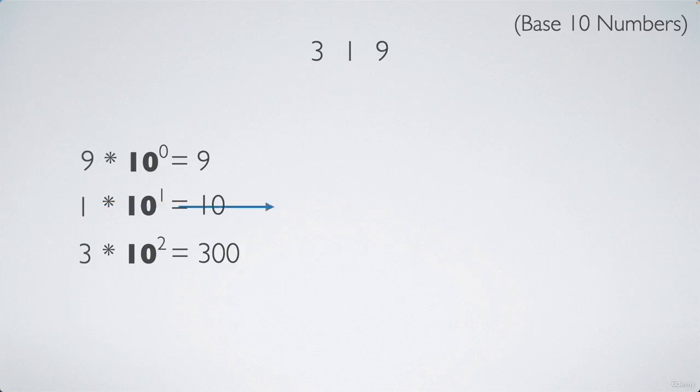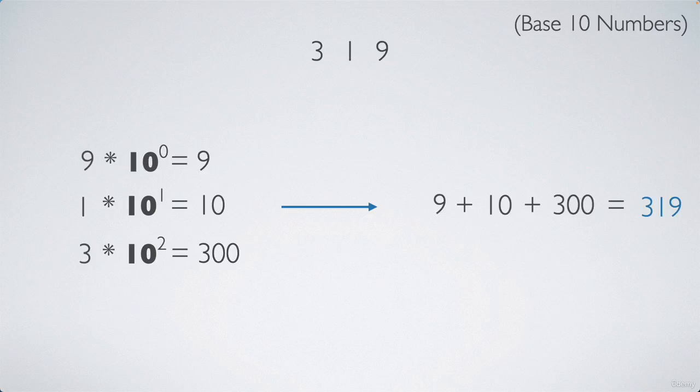And now, if we take all these numbers just like before, and we add them all together, we're going to end up with 319, which is the exact same number, right? Now in binary numbers, we only have 2 different characters, a 0 or a 1. And in decimal format, in base 10 number system, we have 10 characters. We have 0, 1, 2, up until 9.